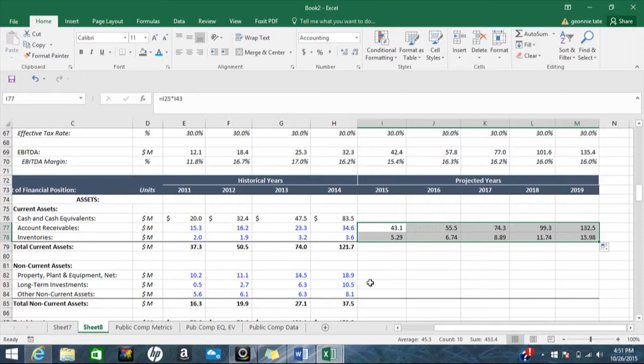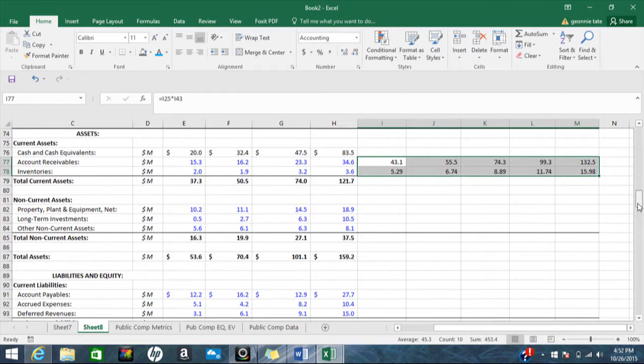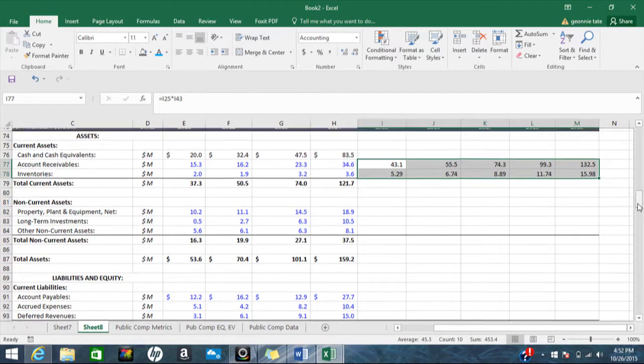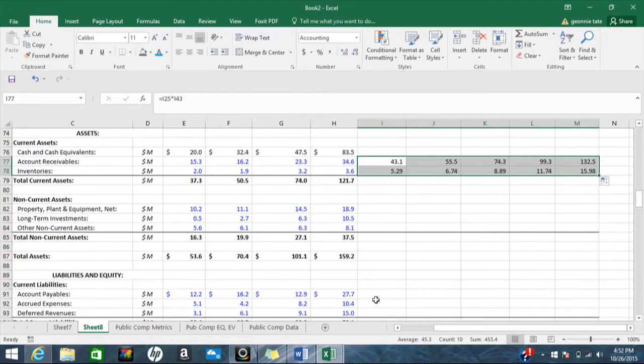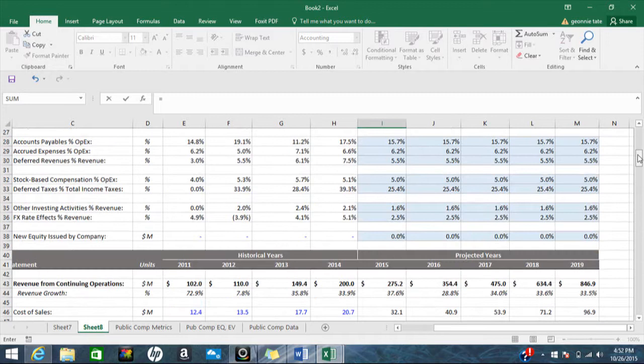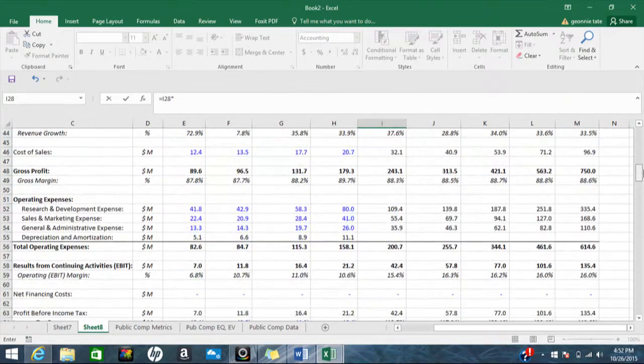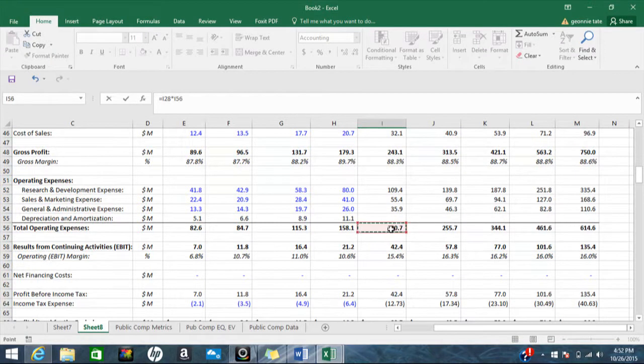And now it's time to move on to the liabilities and equity side for the accounts payable, accrued expenses, and deferred revenues. First, I'm going to start with my accounts payable. And this metric here, I'm going to multiply it times the operating expenses here.